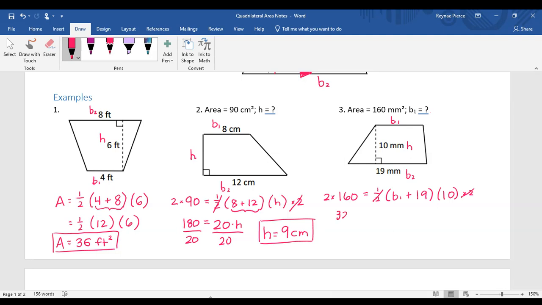I get 320 equals B1 plus 19 times 10. I now can divide both sides by 10. So I know 32 equals my first base plus 19, and then subtract 19 from both sides to get 13 millimeters for that first base.